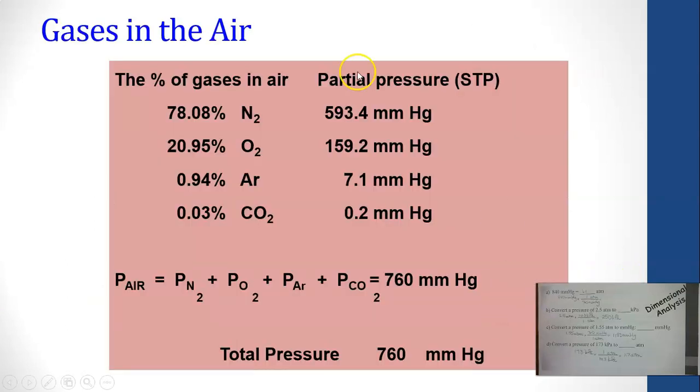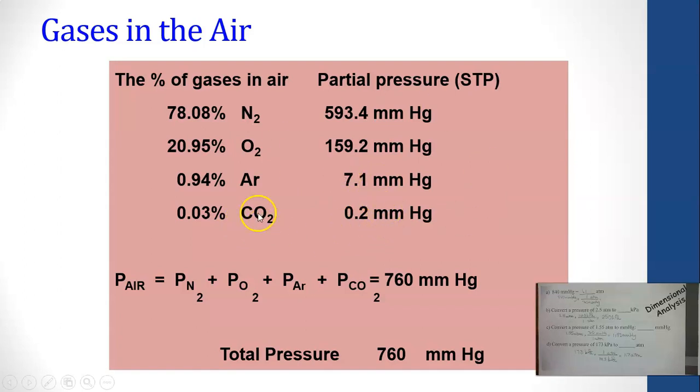This is gas and air, 78% nitrogen. Okay, it has a partial pressure in the atmosphere of 593.4 millimeters of mercury. Oxygen, look, more nitrogen than oxygen. Oxygen in the air has a partial pressure of 159.2 millimeters of mercury. There's a little bit of argon, 7.1 millimeters of mercury, and a little bit of carbon dioxide, 0.2 millimeters of mercury.